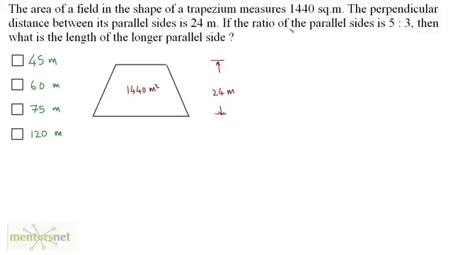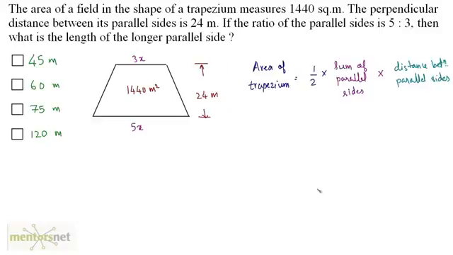Now we have also been given that the ratio of the parallel sides is 5:3. So I can write the longer side as 5x and the shorter side as 3x. Now we know the formula for calculating the area of a trapezium: half into the sum of parallel sides into the distance between the parallel sides.